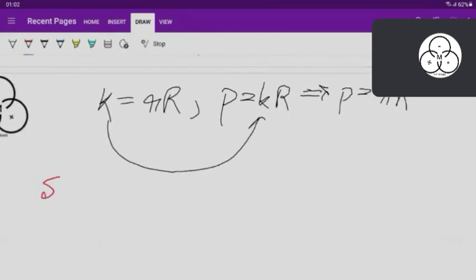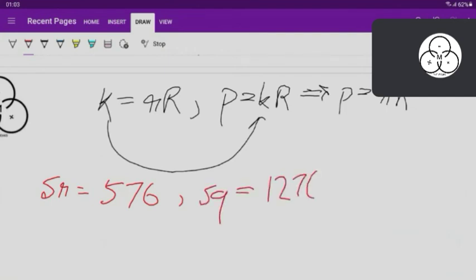That's why SR will be equal to 576, and SQ will be equal to the next number, 1296. So what is SR? S is what? K. K is Rr.